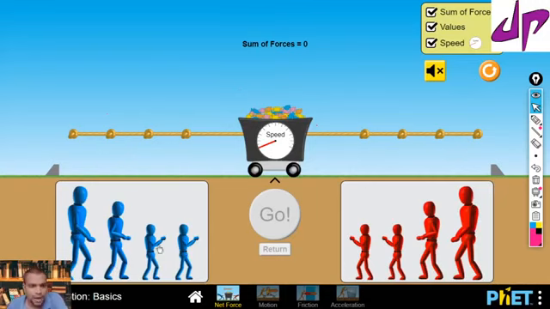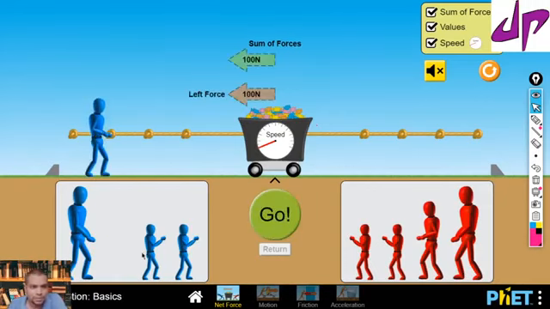Each team has 4 persons, and you can see they are different in size, so obviously they are different in strength. Suppose I take this person from the blue side, and he can apply force alone in this direction, so he will pull the rope in this direction.